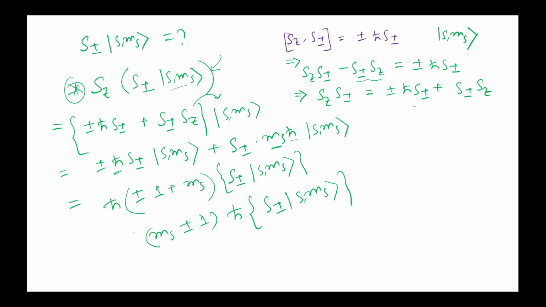So what did we actually get finally from this expression? Let me write it for clarity here. When Sz is operating on S plus minus |s, ms>, what are we actually getting? Please carefully look at this equation.